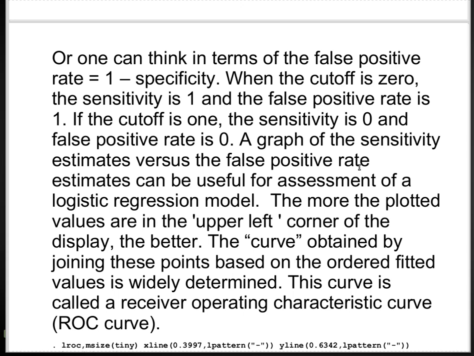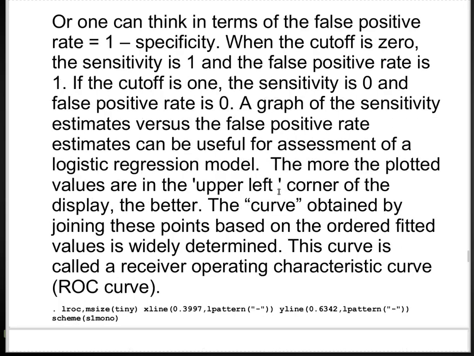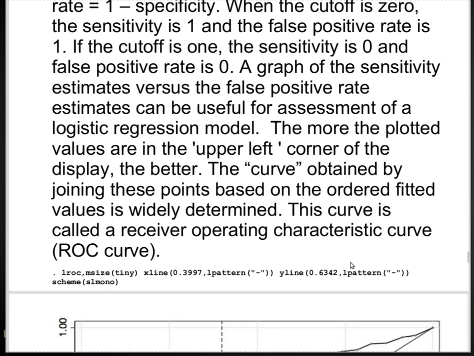And its origins are actually, I don't believe, in health research, but in any case, they're widely seen in health research. So such a curve can be obtained. Let's have a look. And again, Stata will give us this with a simple post-estimation command that will graph the receiver operator characteristic curve in this instance.